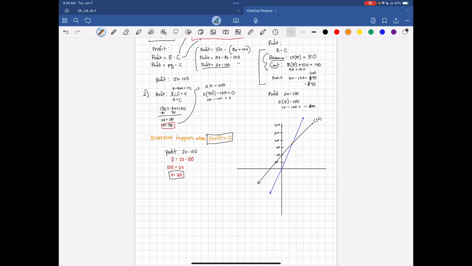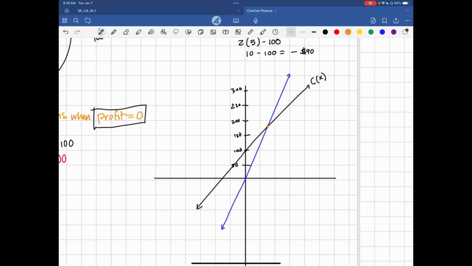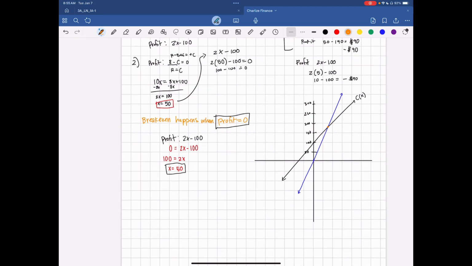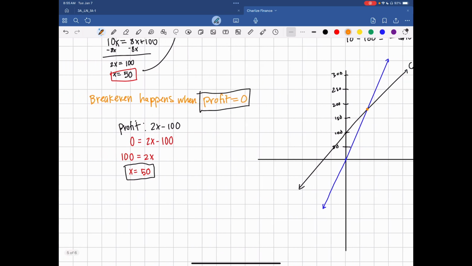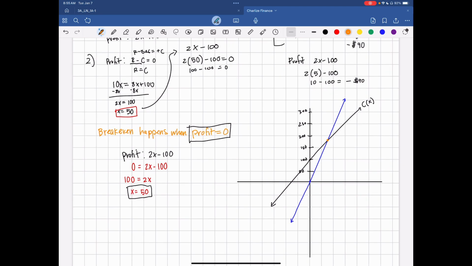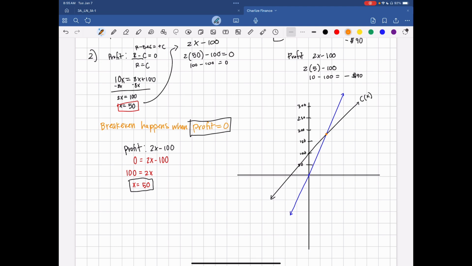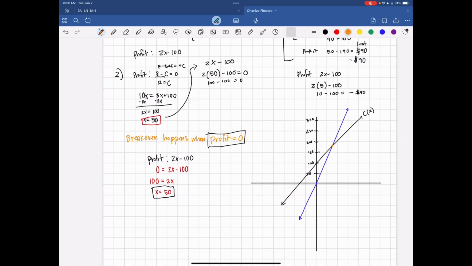If you learned about intersection points in pre-calculus, it was the system of equations. You're solving for when x and y are equal, and that's right here. So the break even happens when the number of t-shirts is x and the cost and revenue are equal.